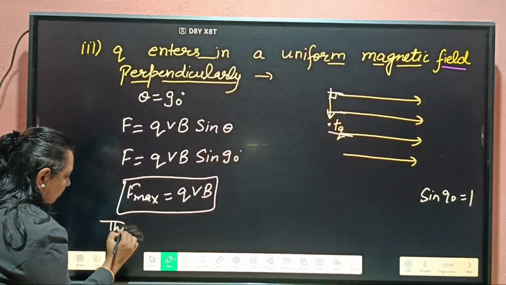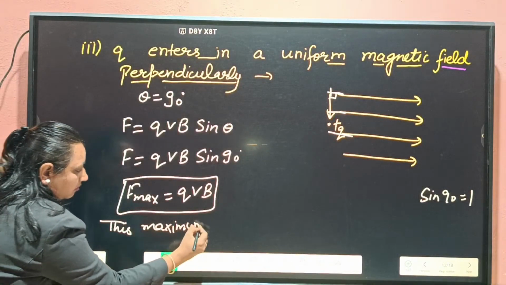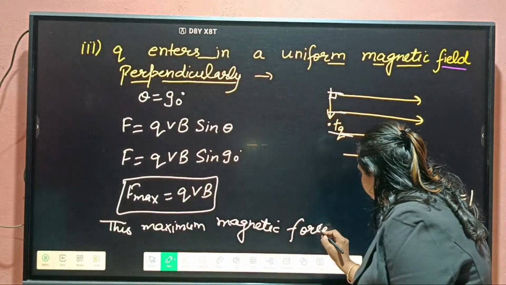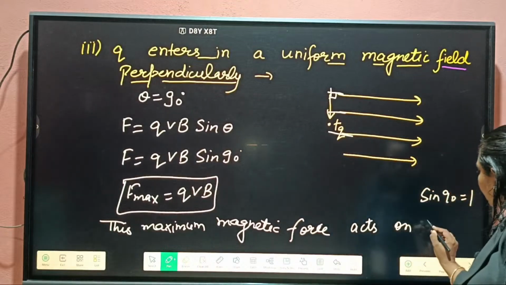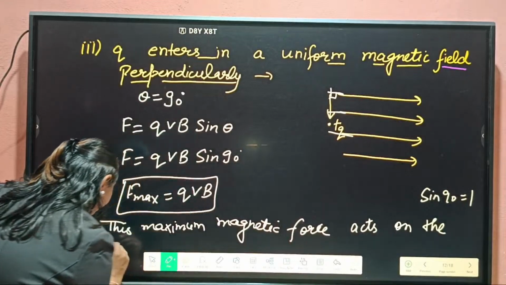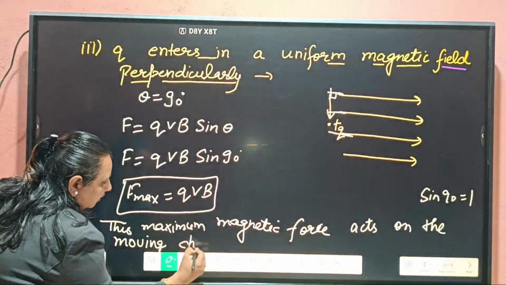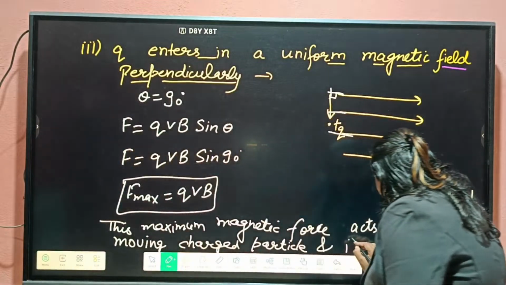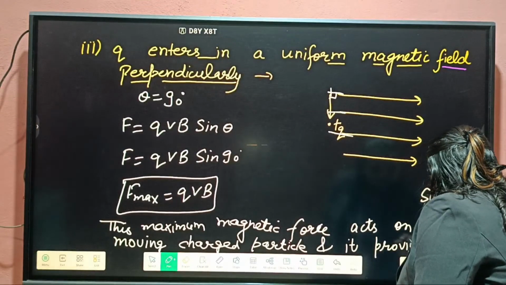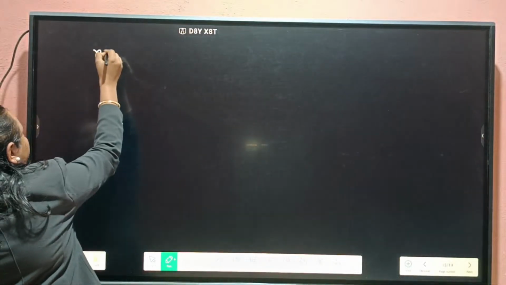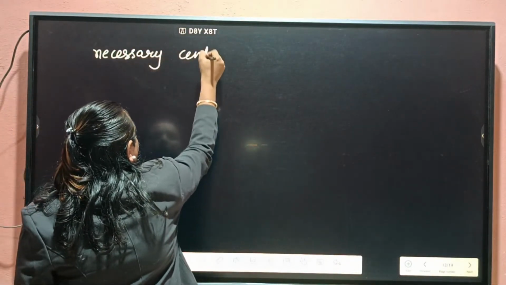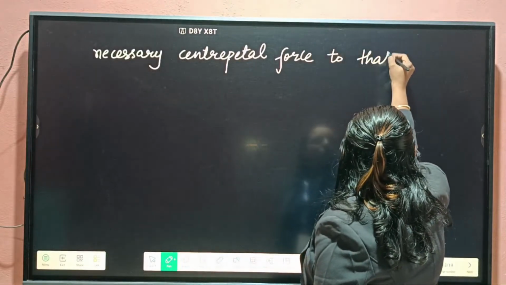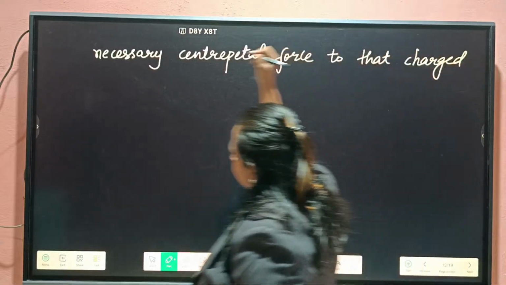So this maximum magnetic force acts on the moving charged particle and it provides the necessary centripetal force to that charged particle.